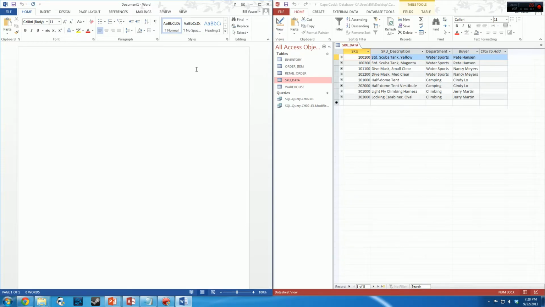Hey everyone, welcome back. We're going to continue our discussion of functional dependencies by having a look at the Cape Cod database. We're going to find some functional dependencies here too. And I realize that right now this all seems very abstract to you, like what's the point of all this?